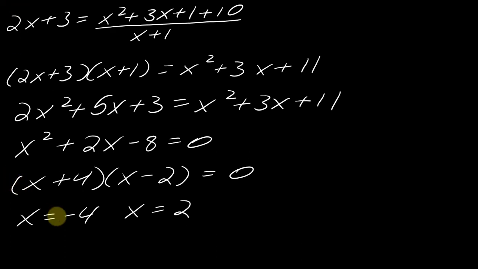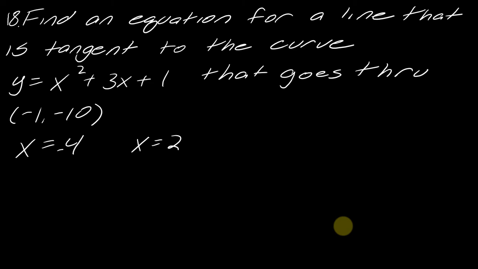So I have the x coordinates, and now I really need to go back to the beginning of this problem. Going back to the beginning, I wrote down the two x's that we just found. Using these x's, we can find the equation of our tangent line. First things first, I need to figure out the y coordinates associated with these x's.